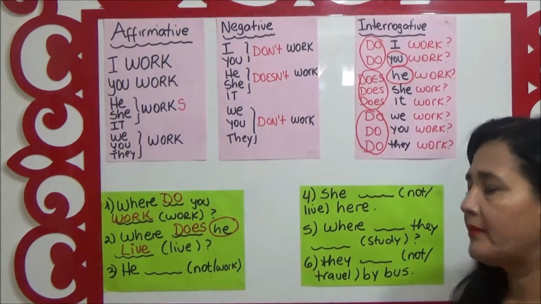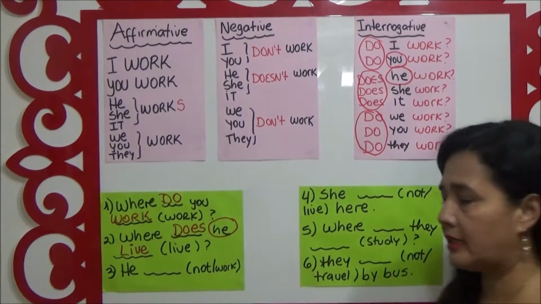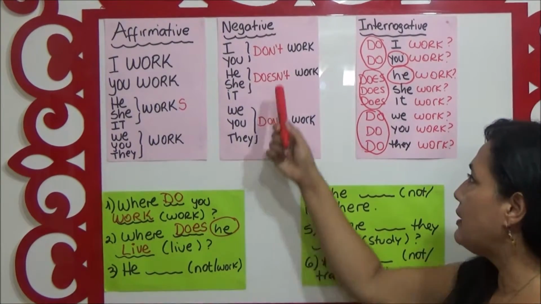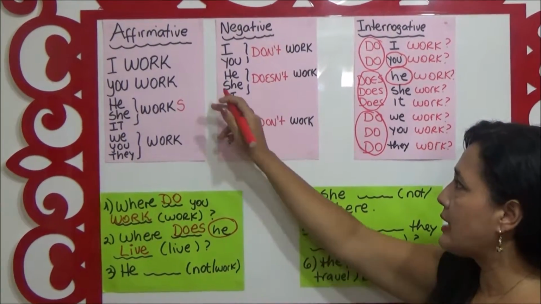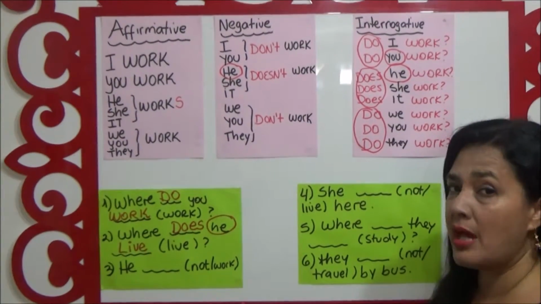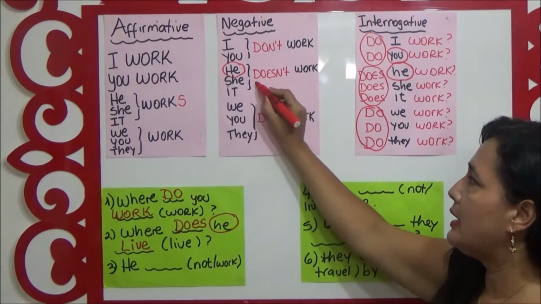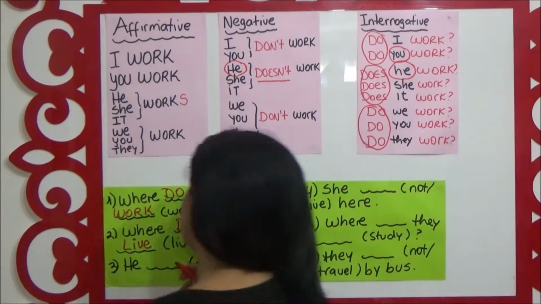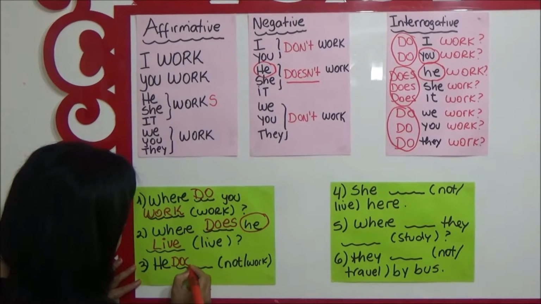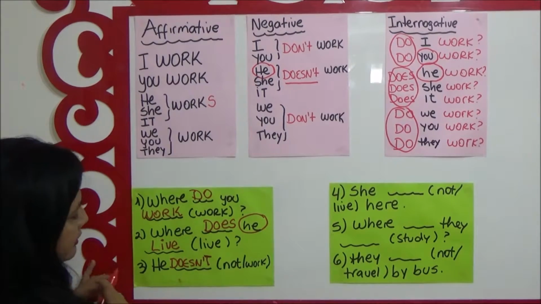Okay? Now, we have a negative sentence. First of all, check it: a negative sentence, and the subject is he. If the subject is he and it's negative, the auxiliary we use is doesn't. Be careful when you write doesn't, because the pronunciation is different from the writing.